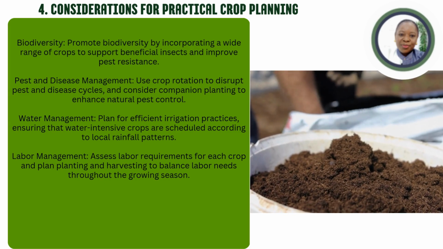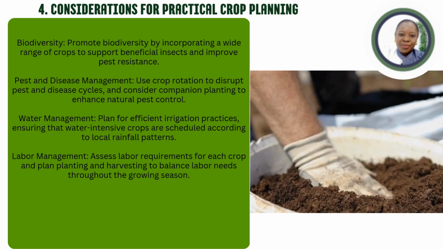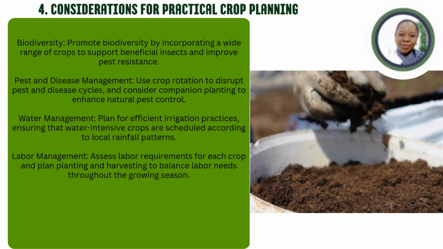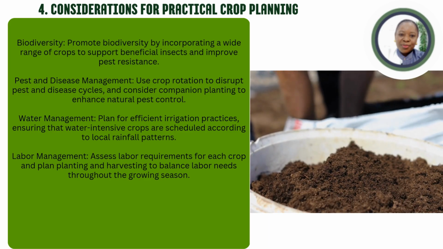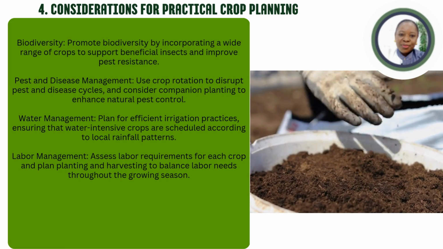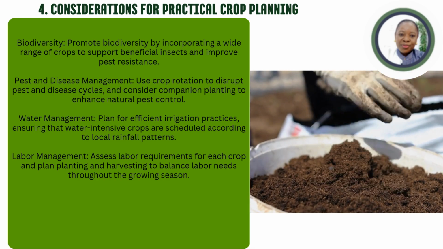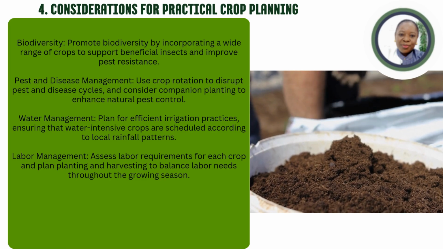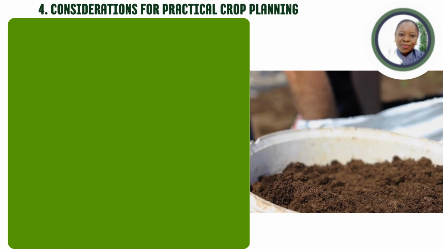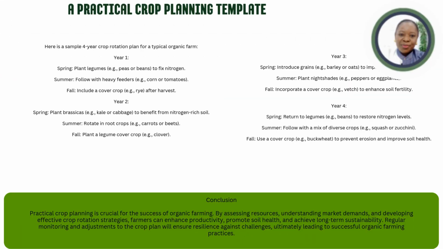Plan for efficient irrigation practices, ensuring that water-intensive crops are scheduled according to local rainfall patterns. Labor management. Assess labor requirements for each crop and plan planting and harvesting to balance labor needs throughout the growing season. A practical crop planning template.